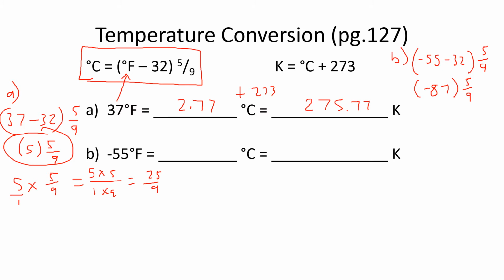So negative 87 times 5/9. What does that equal? Negative 87 times 5 divided by 9.